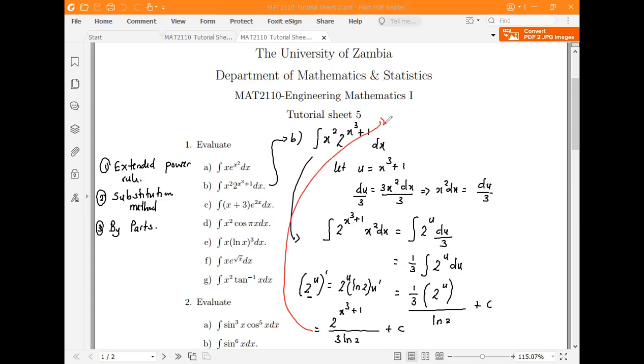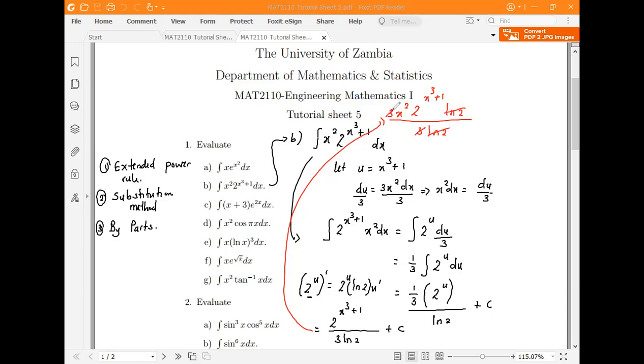If you differentiate the numerator, you are going to get 3x squared times 2 to the power x cubed plus 1 multiplied by ln 2. Now it's being divided by 3 ln 2, so this will cancel, and you remain with x squared times 2 to the x cubed plus 1.